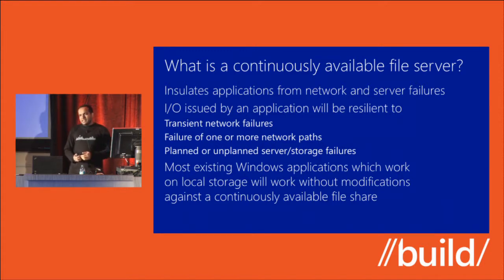So as an application developer, whether you are using Win32 or .NET, whatever file I/O APIs you're using will continue to work. You don't really need to do anything special to leverage this. You just need to have Windows 8 on the client and Server 2012 on the server end, and you will automatically get all of these benefits.